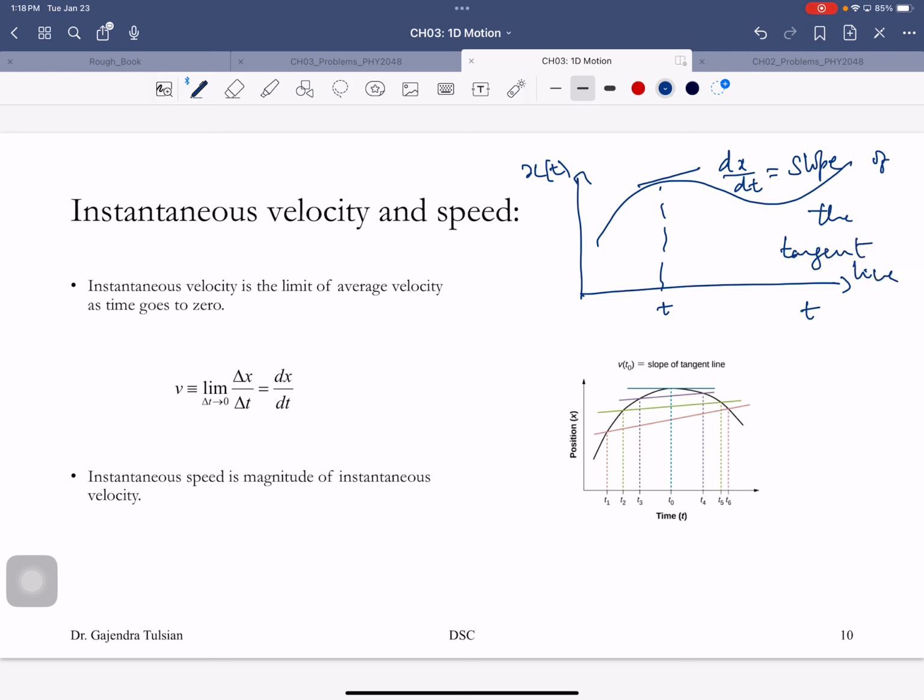So if position versus time is what you plotted, this slope is velocity. And you'll see in the next slides, if you plot velocity versus time, this slope, dv by dt, will be acceleration.